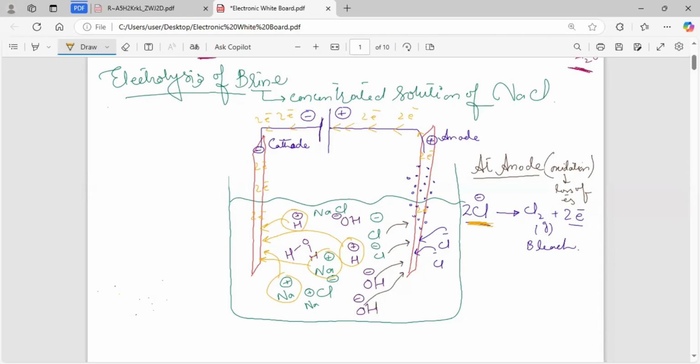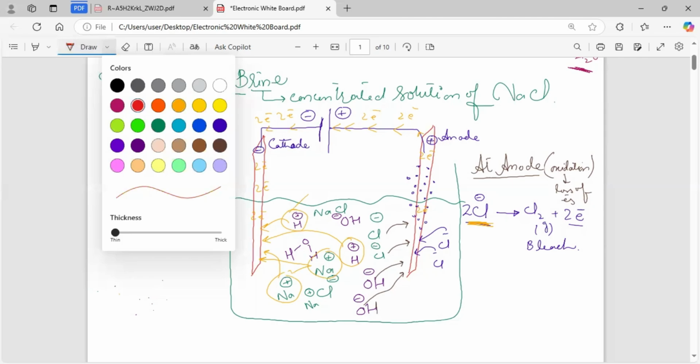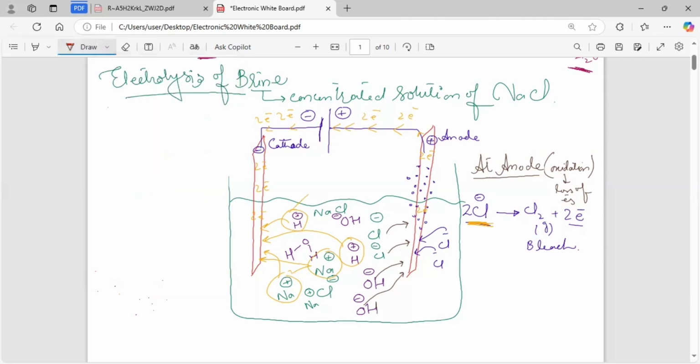Now, which one will win the comparison match? Either H positive or Na positive. We have discussed that in detail, the reactivity series. Remember the reactivity series: Please stop calling me a cute zebra, I love or like hot coffee, sip in gold.